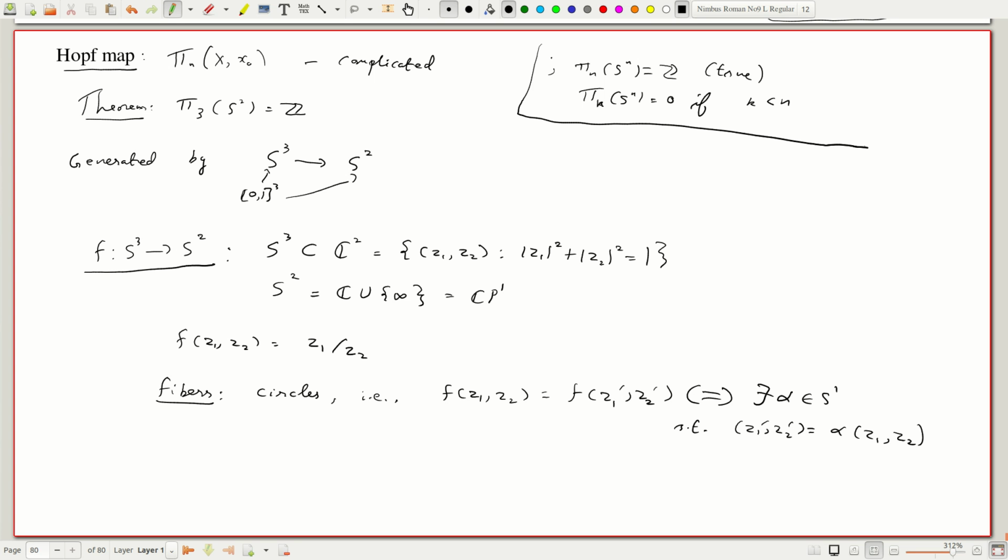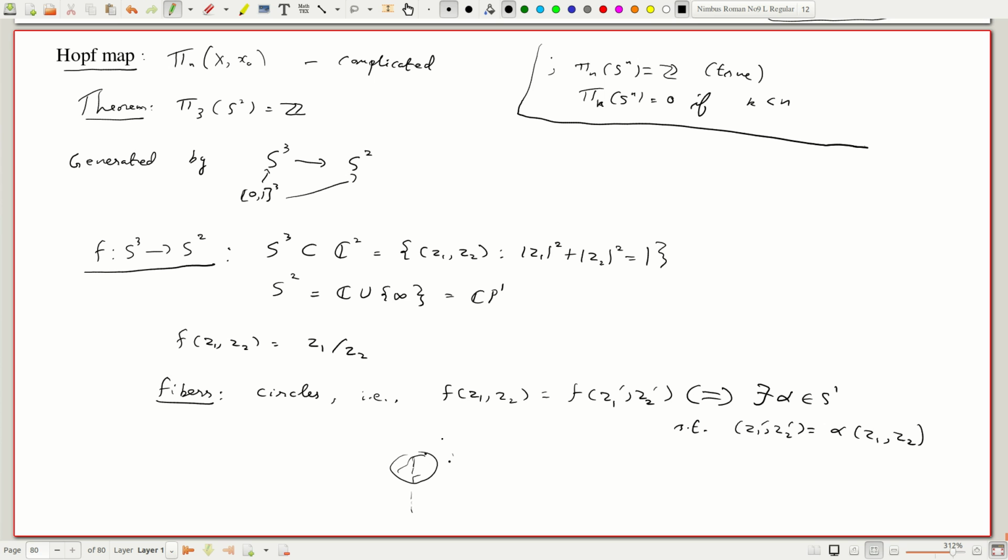So the ratio of two numbers is the same if you get one from the other by scaling. And furthermore, because we are looking at unit complex numbers, scaling by an element in the circle. So what we have is S^3 written as a bunch of circles. This one, if you wish, up to infinity, and various ones in between. They're all identified to a point to give you S^2.